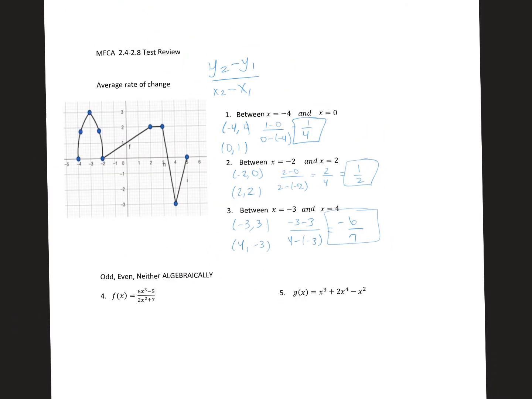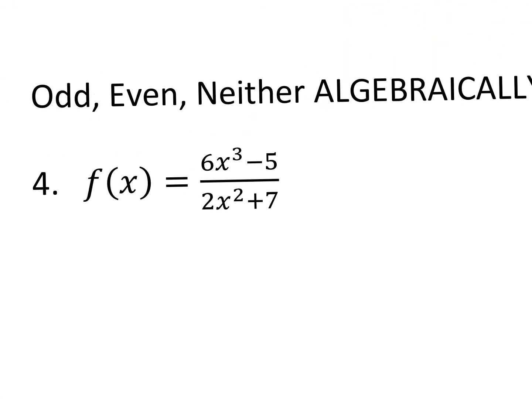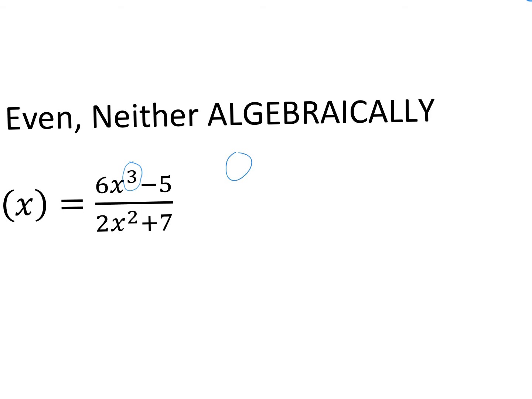All right, moving along. If we're talking about odd, even, neither, algebraically, how do I do this? Where do I look first? Highest exponent, great. So number 4, I see 2 exponents. Which one is the bigger one? The 3, x to the third. So this function could be one of 2 things: either odd, since that's an odd number, or neither.